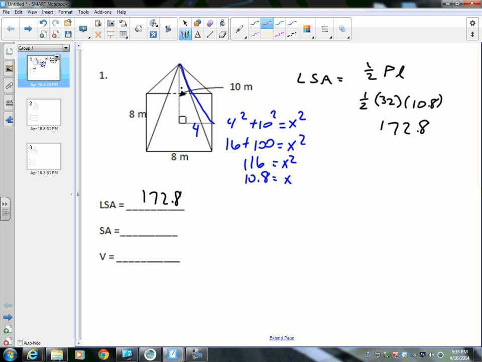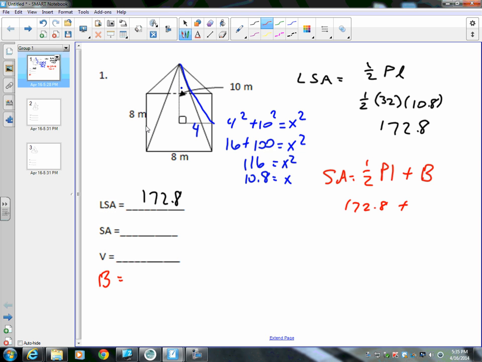Total surface area. To find total surface area, the equation is 1/2 PL plus big B. We already know what 1/2 PL is. We just found it. It's 172.8 plus big B. Big B is the area of the base.